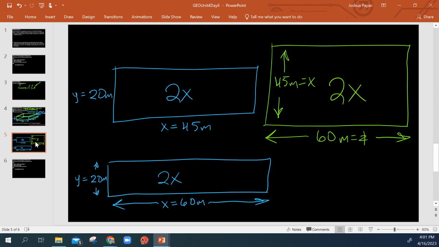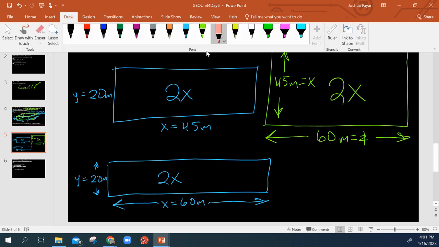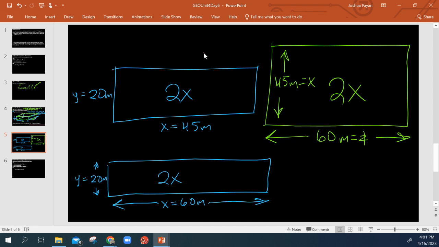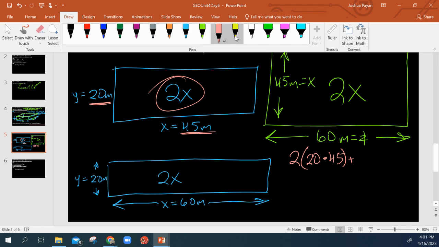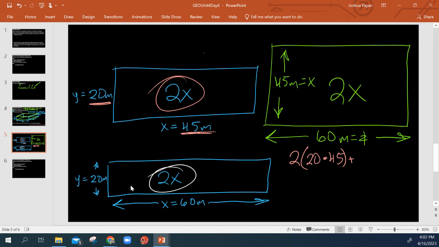And there's two of these surfaces, right? So what we're going to want to do is just add this all up. So there's two of the front and back walls, right? So two of these, and obviously we would find its area by multiplying our two dimensions, 20 times 45, plus two of our right and left walls, right?